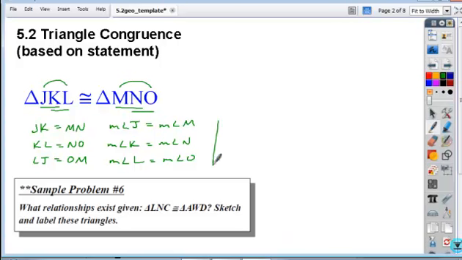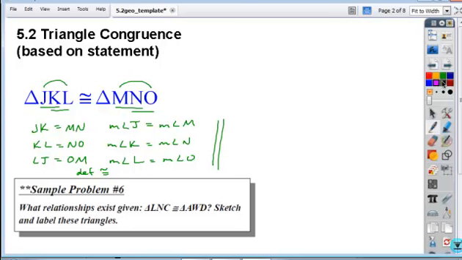Regardless, the justification for these measures is definition of congruence. If you have a given statement and you want to identify corresponding pieces that are equal, you would use definition of congruence.